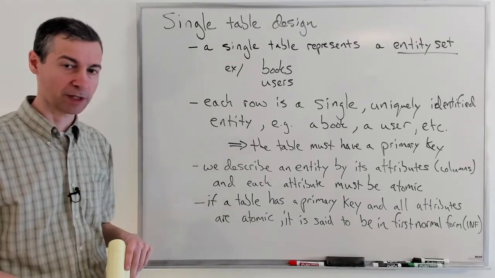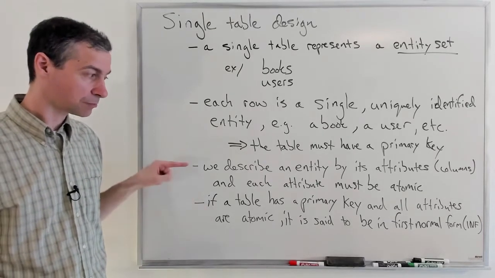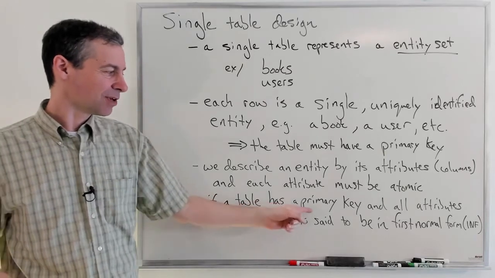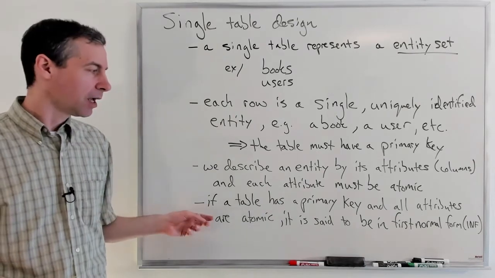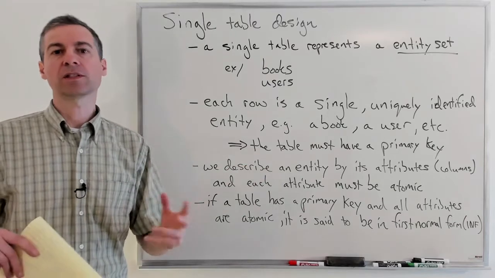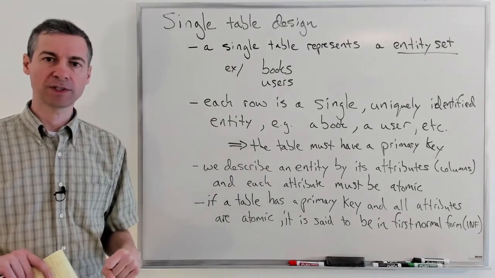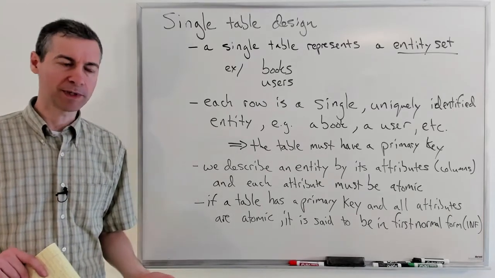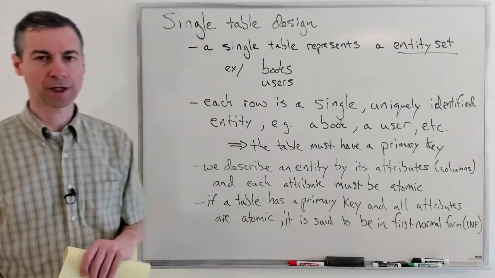We'll talk more about atomic in a little bit, but the big thing here is if we follow these rules, we'll have a primary key, so we can get every row uniquely identified, and as long as our attributes are atomic, then we get the great first step towards good database design. You can think of these as principles by which to do database design. And the first one is reaching first normal form, okay?